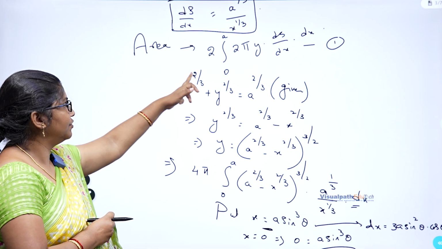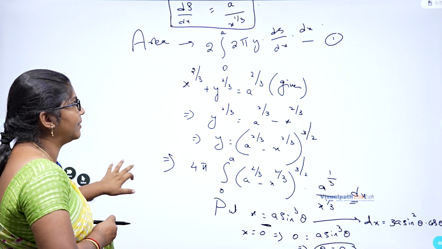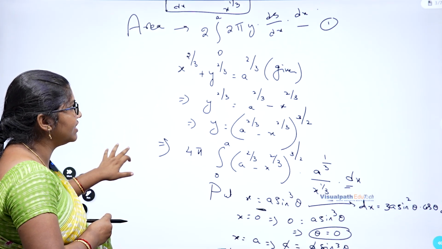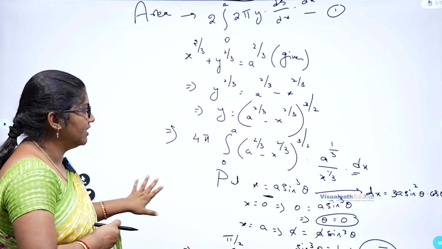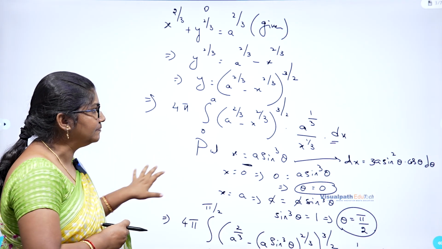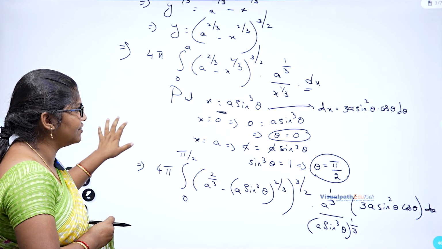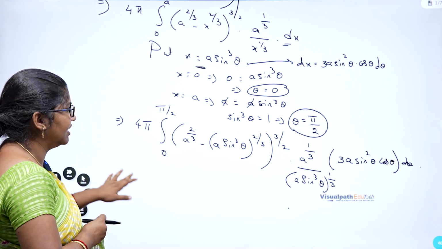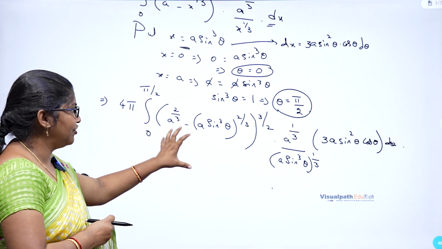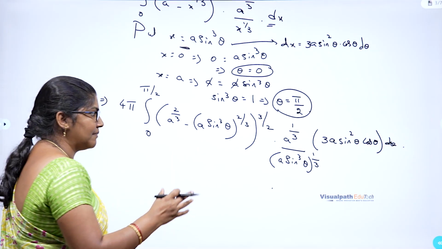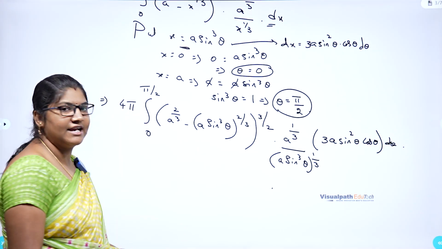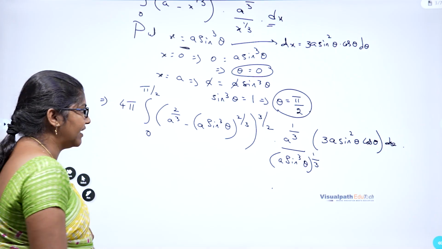Area is 2 times integral 0 to a, 2π y ds by dx into dx. Since it is the given curve, we substituted all the values here. After substitution, this is the final value we got. For this, simplification should be done. After that, integration should be done. Then we will get the final answer.